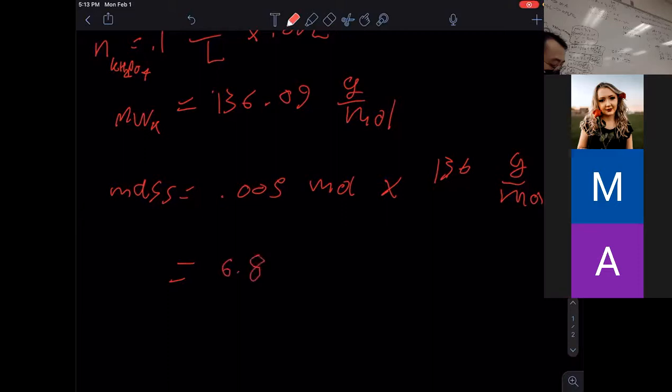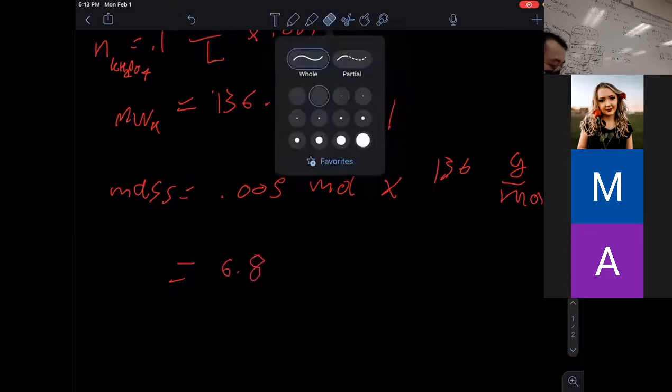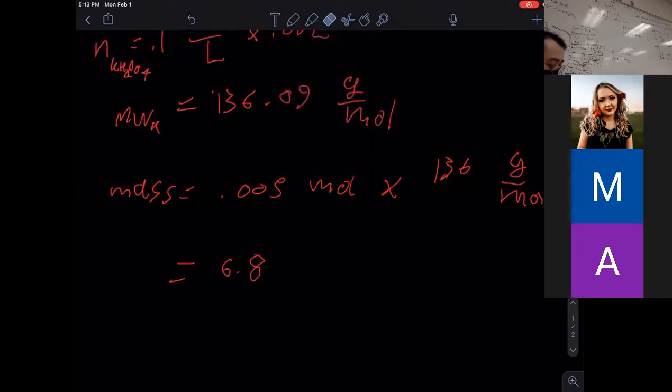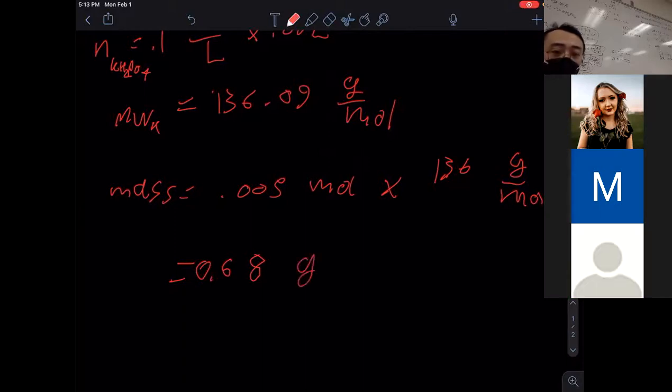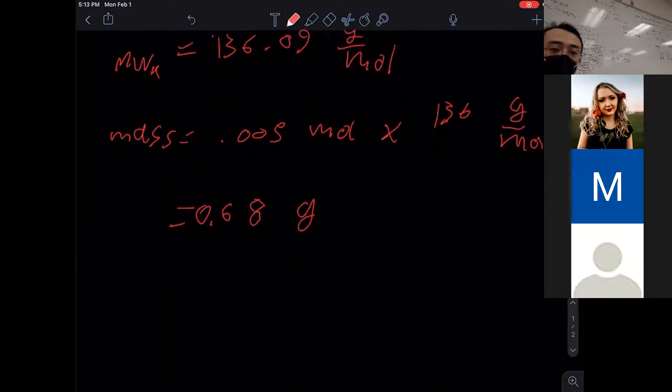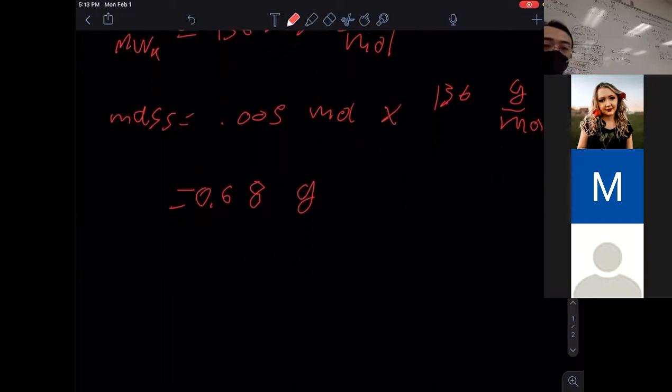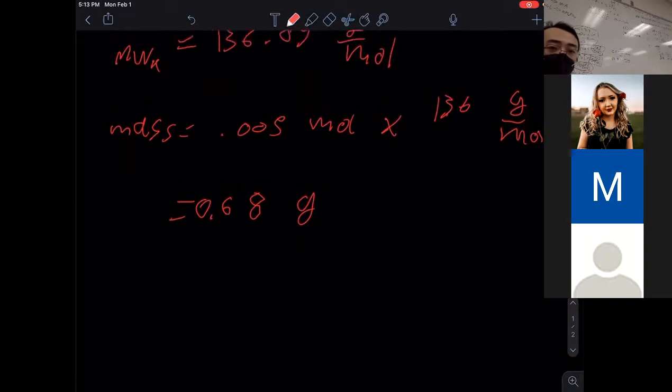I believe it's something like this. Someone confirm if that's correct and tell me, I just quickly did that in my head. Yeah, that number is correct. Right, so that's our mass. And I guess we want to know how much volume of sodium hydroxide we need on top of that.